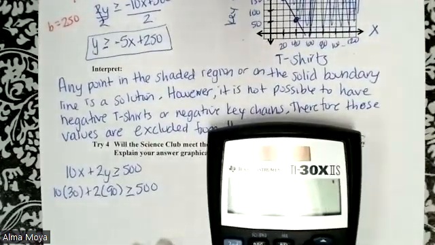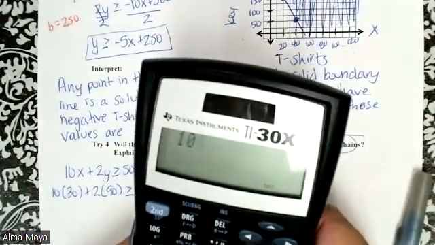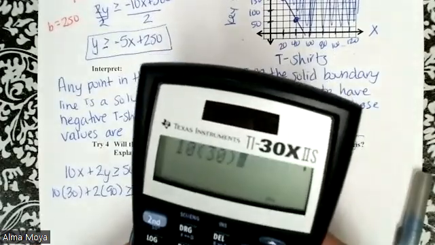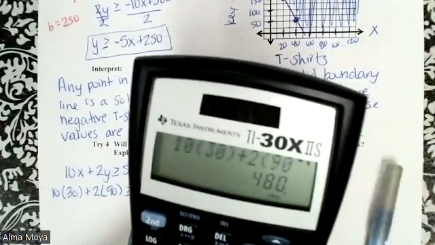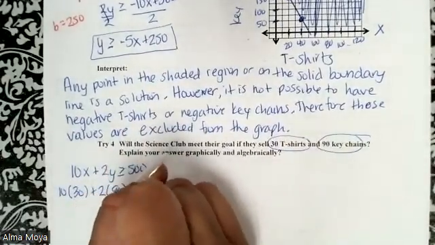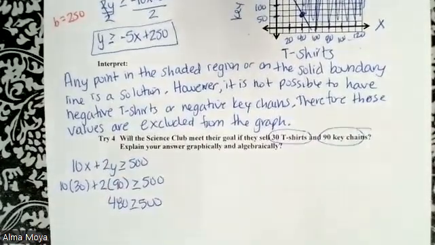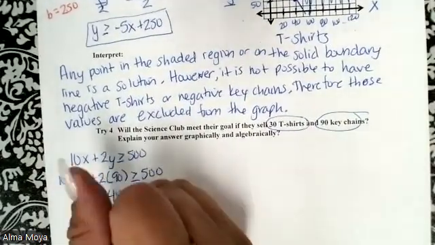So I have 10 times 30 plus 2 times 90, and that equals 480. 480 is not larger than or equal to 500. So this is false.